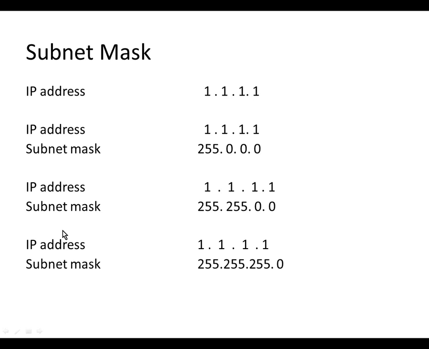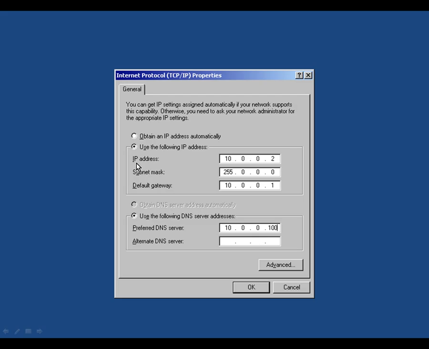And in the third example, we have a subnet mask of 255.255.255.0, a Class C subnet mask that shows us that the first three octets are network ID and the last octet is host ID. So what we have here is network 1.1.1, workstation .1.